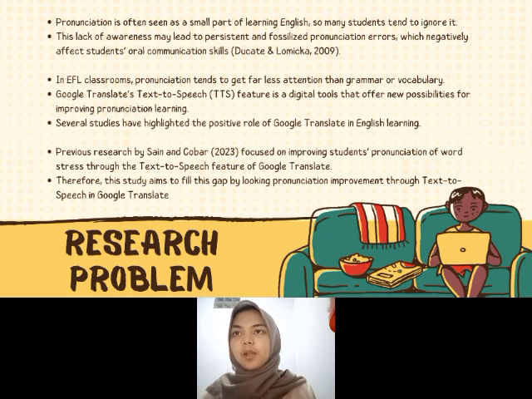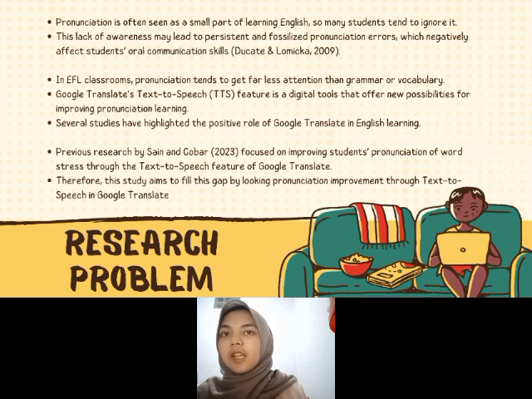But finally, today's technology offers new opportunities. One useful tool is Google Translate's text-to-speech feature, or TTS feature, which provides instant, clear, repeated pronunciation models and offers new possibilities for improving pronunciation learning.